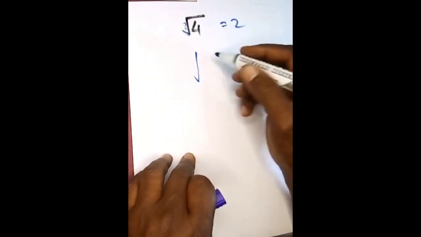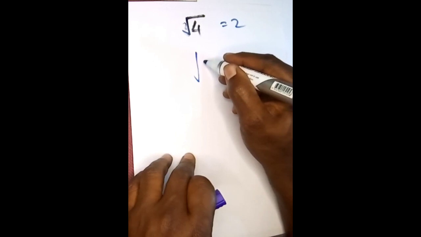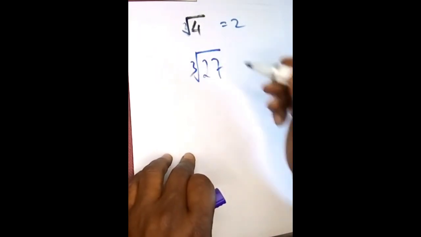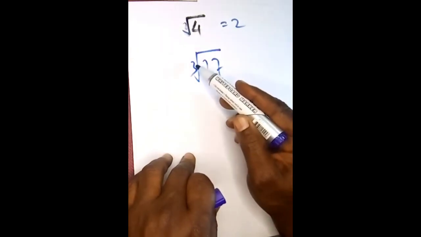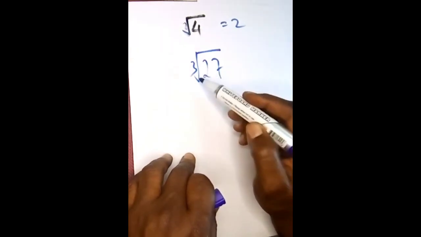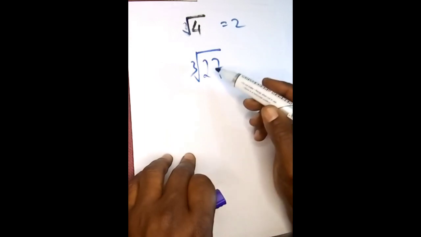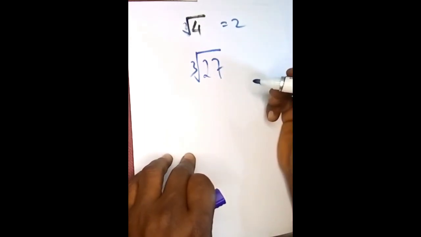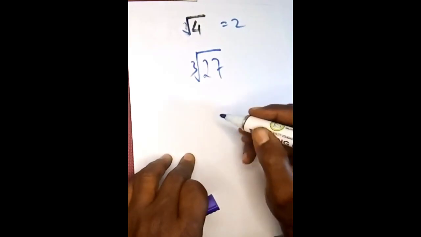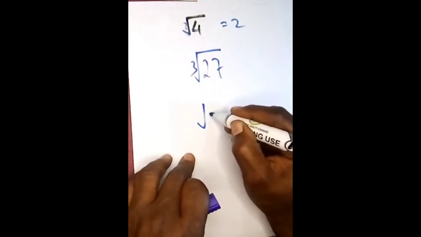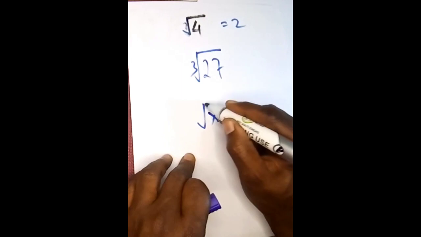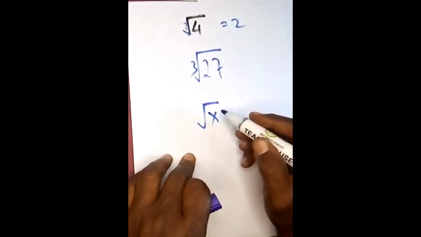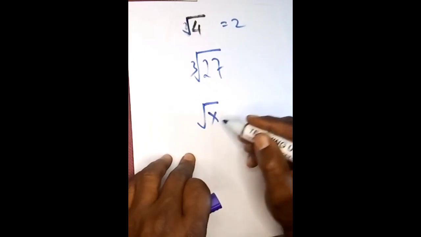If you have something like this, because you have this 3 here attached to the root sign, this becomes cube root of 27. So generally, if you have an expression, let's say you have x inside the expression and there is nothing attached to the root sign, you interpret it as square root.